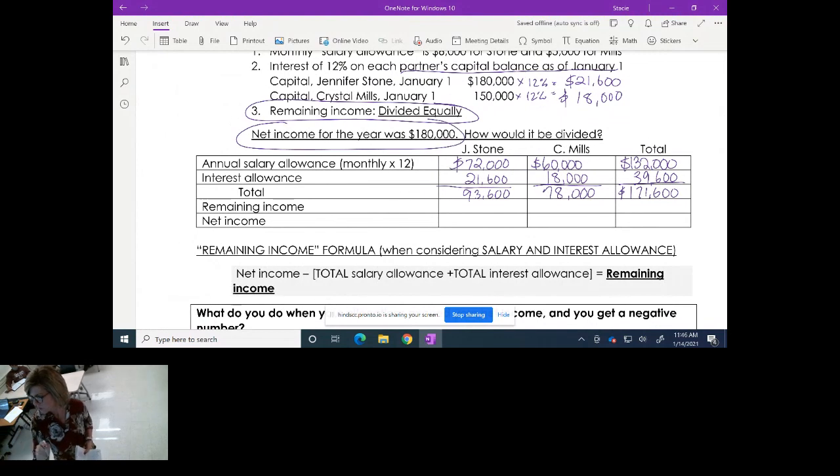Net income is 180. So you can go ahead and put 180 here to figure out how much your remaining income is. 8,400. Yep, it's 8,400. All right, so if we're dividing it equally, you're going to give each one of them 4,200. And then add it down.